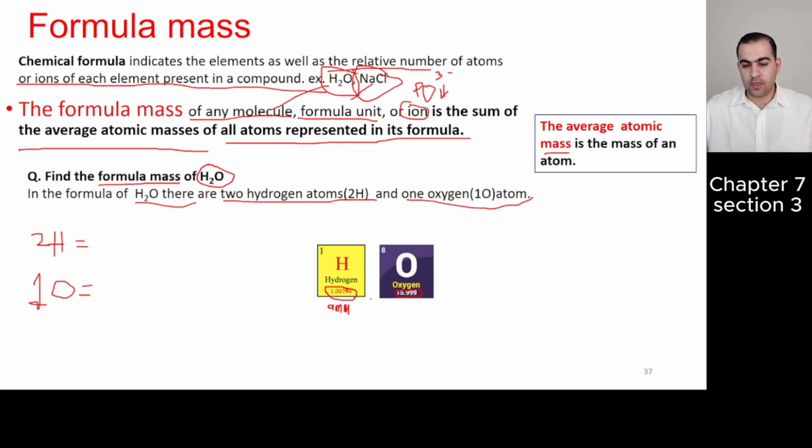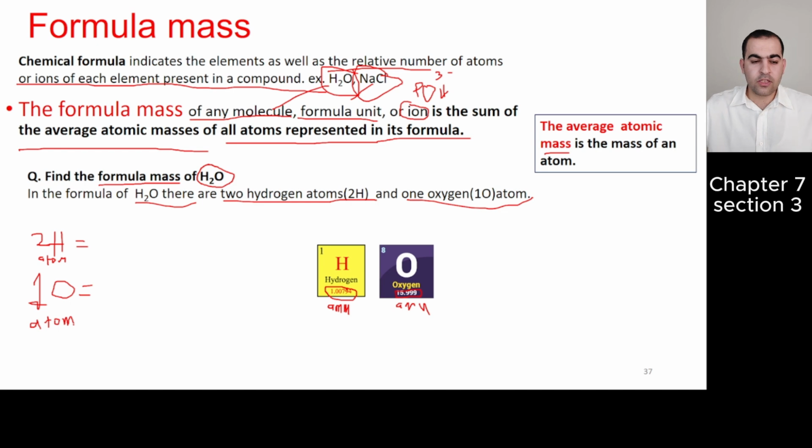For 15.999, we can't just say 16 by rounding to 2 decimal places. We have 2 hydrogen atoms, and we have 1 oxygen atom.